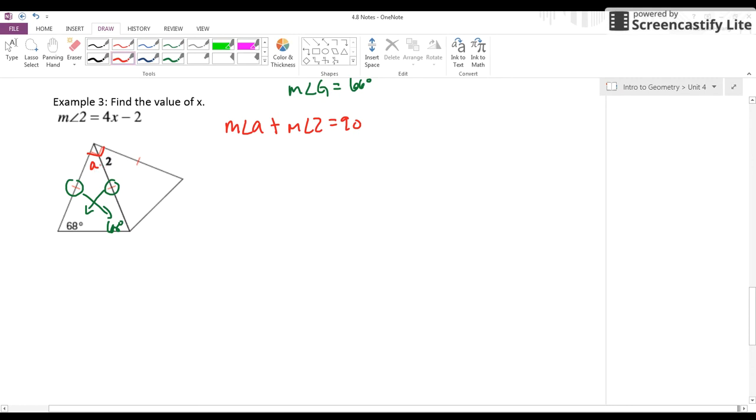We want to figure out A. How would I find A? Remember, the triangle sum theorem says the measure of angle A plus those two 68 degrees should equal 180 degrees. So once I find A, I'm going to plug it in to figure out the measure of angle 2, which then I can use to solve for x. So let's go ahead and do that. All right, so I'm going to first do this part and solve for the measure of angle A. So you do that math, we should be getting 44 degrees.